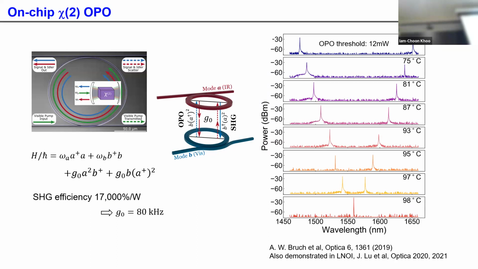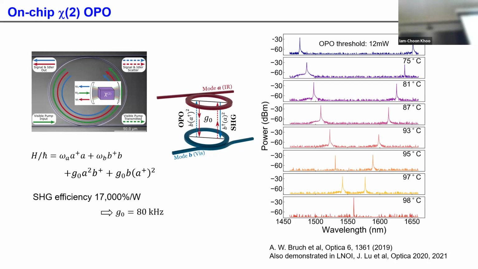We send the pump at 775 nanometers and produce a laser at 1550. This is degenerate, and this is non-degenerate. You can see I can make a laser covering almost 130 nanometers, the whole C-band, with one color pump. So it's a tunable laser, and you don't need a gain medium at 1550 nanometers.